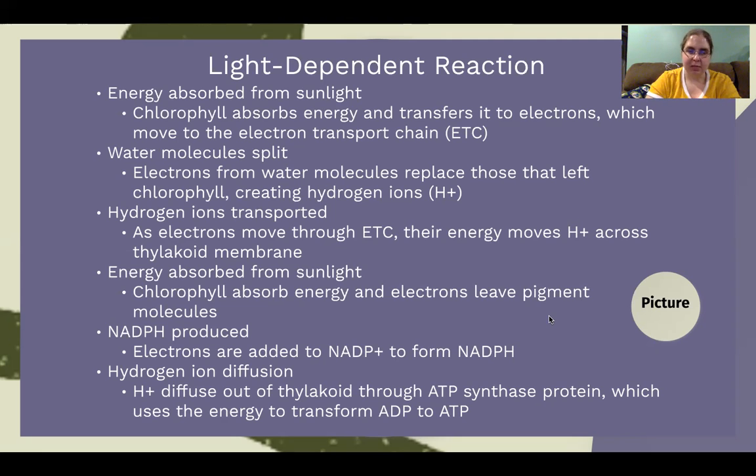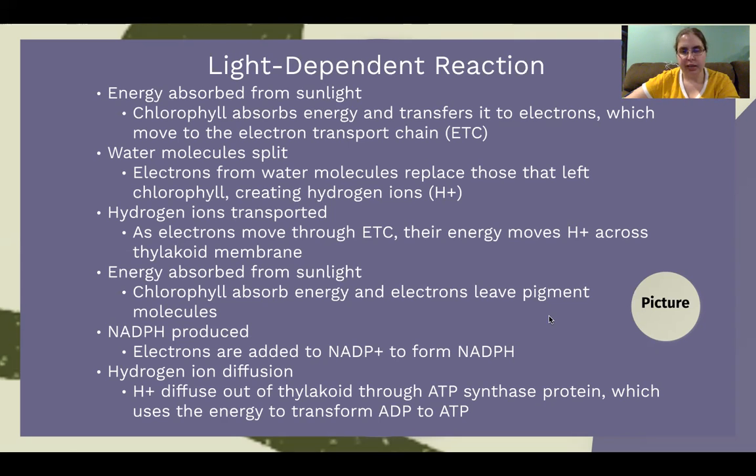Energy is absorbed from sunlight, so the chlorophyll absorbs more energy from the sun, and the electrons, once again, leave the chlorophyll molecule. More water comes in, breaks apart, and replaces the electrons that just left.